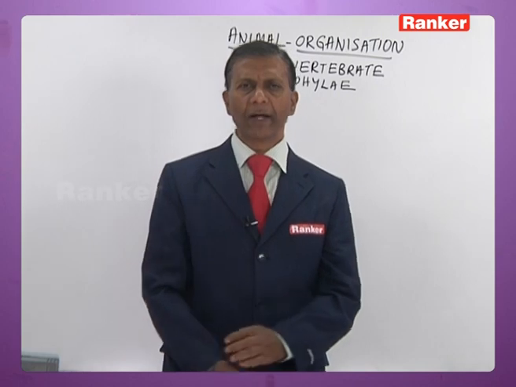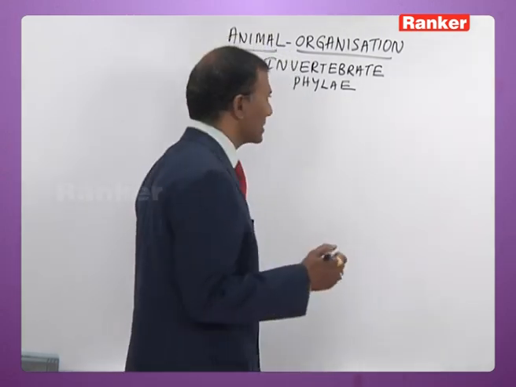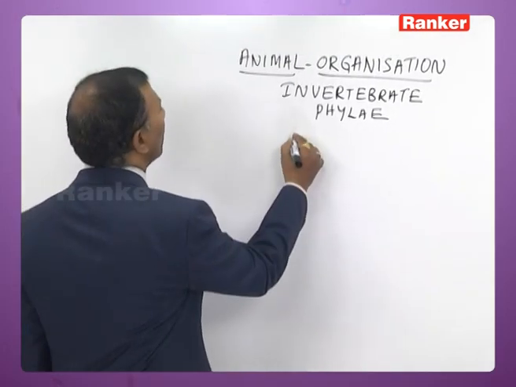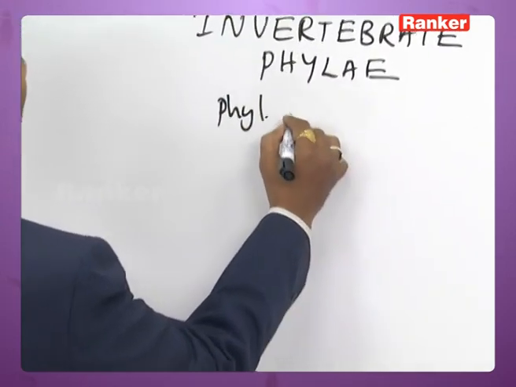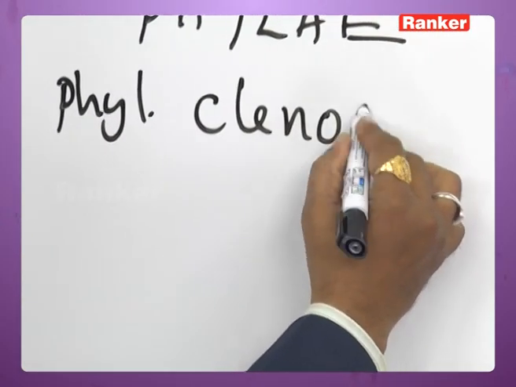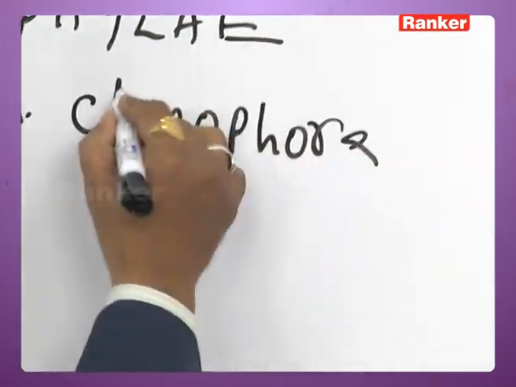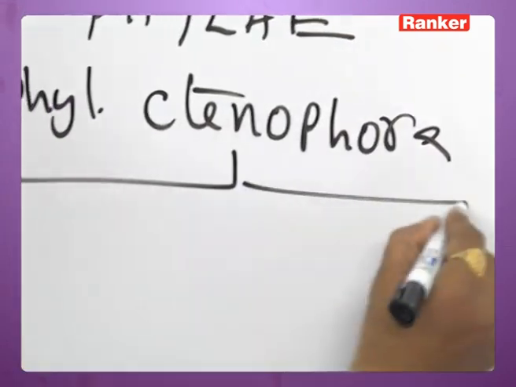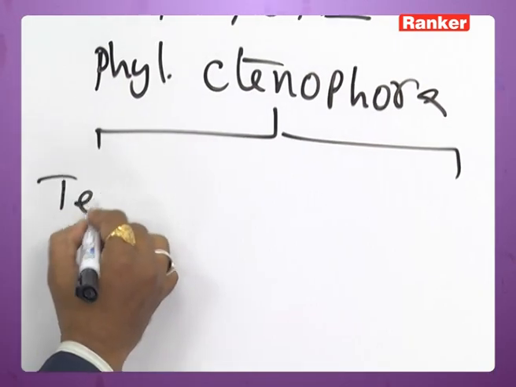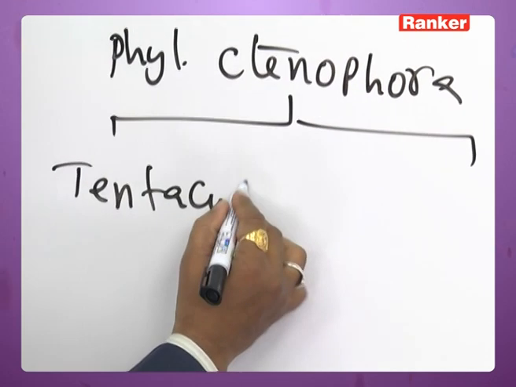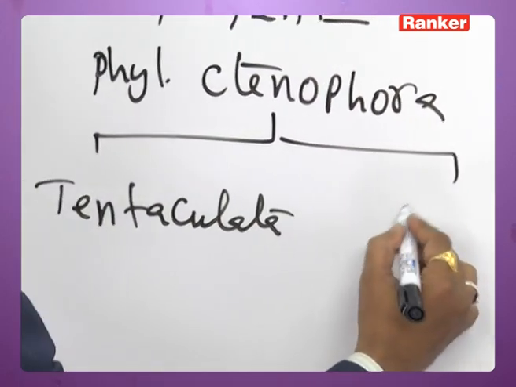Then phylum Ctenophora is divided into 2 orders: order Tentaculata and order Nuda.